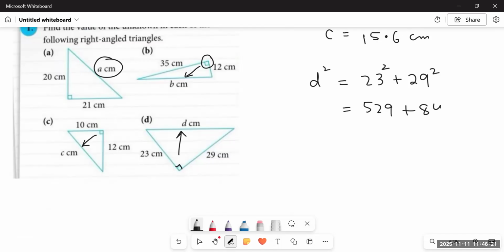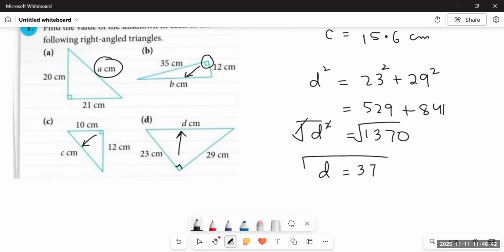Then we will add the two. Their sum is 1370. And next we will find the square root on both sides. So we will get the value of D, which is around 37. So that's the answer.